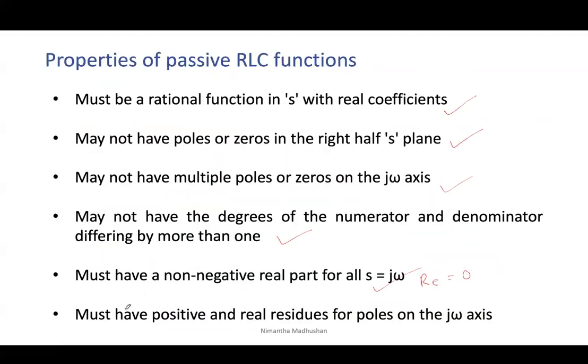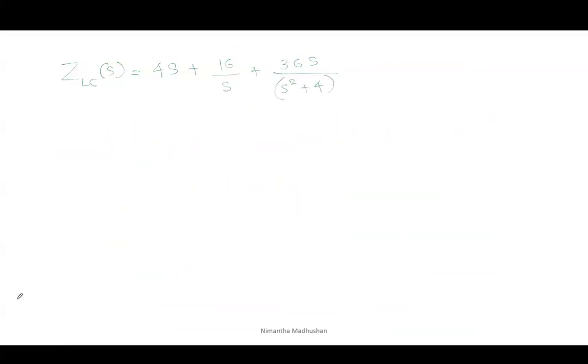Then the sixth property says it must have positive and real residues for all poles on the j omega axis. Poles are related to these terms. Residues means these values, 16 and 36.